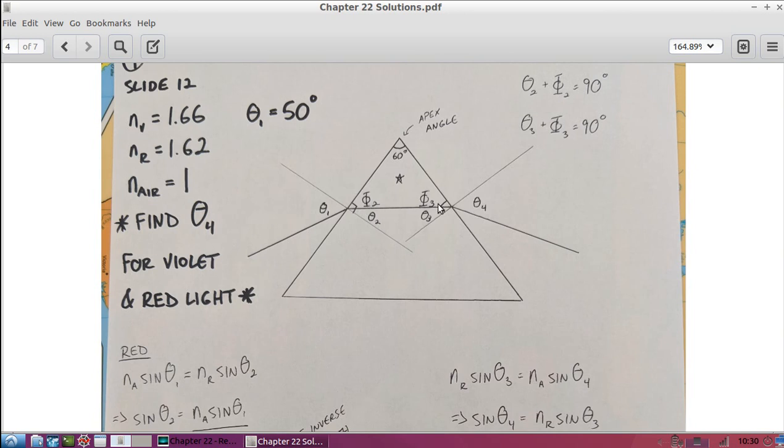That means phi 2, phi 3, and theta 3, the second incident angle over here, are also going to change. But again, the algebra is the same. We're going to use Snell's law here. We're going to use the property of the interior angles of a triangle: all three add up to 180. We find phi 2 once we get theta 2, find phi 3, theta 3, and use Snell's law again to find theta 4.